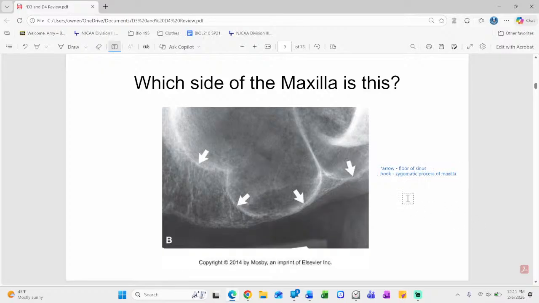Posterior or anterior? There's the dilemma. Anterior, right? So that makes this which side of the jaw? The left.